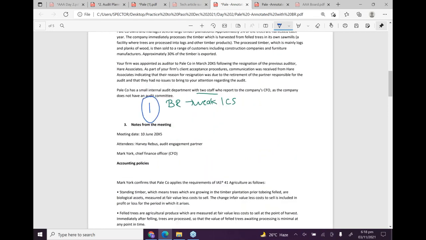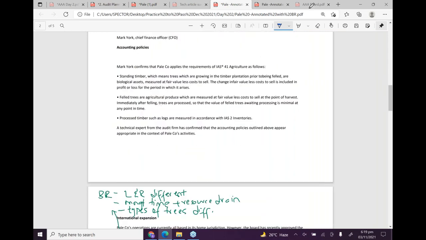My first business risk is related to weak corporate governance. Remember, you'll only get 2 marks if you explain the problems the weak controls could cause. So lack of accountability, lack of monitoring, higher chances of fraud and errors being undetected in the organization, etc., etc.